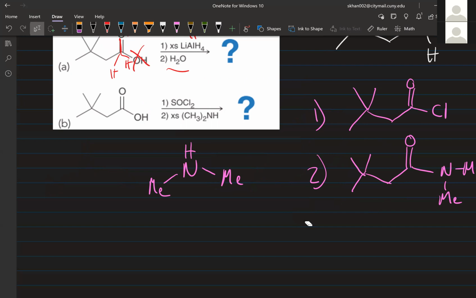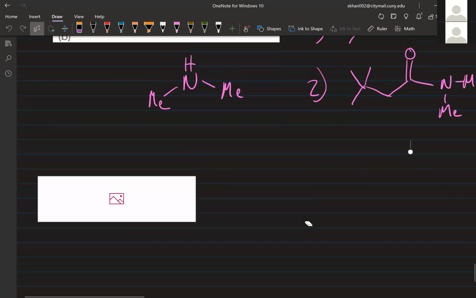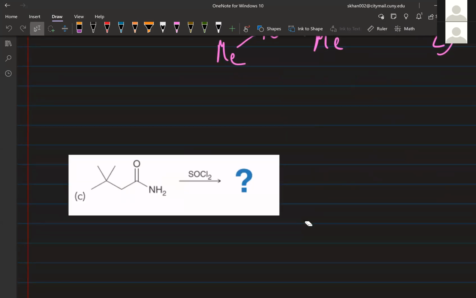Paste this one here. Have you done the reaction when thionyl chloride reacts with an amide? I don't know if it was covered or not. You did. Okay. So what's being formed here?